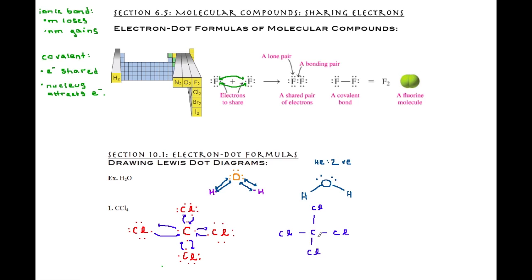Notice I don't have any electrons now on carbon because this represents 2 shared electrons, 4, 6, 8. So carbon's happy because all of its electrons are being shared. For chlorine, however, it's still got these 2 here, these 2 here, and these 2 here. This is being shared, so that's now a part of the line, but those are still unshared. So I'll draw 6 around each chlorine.